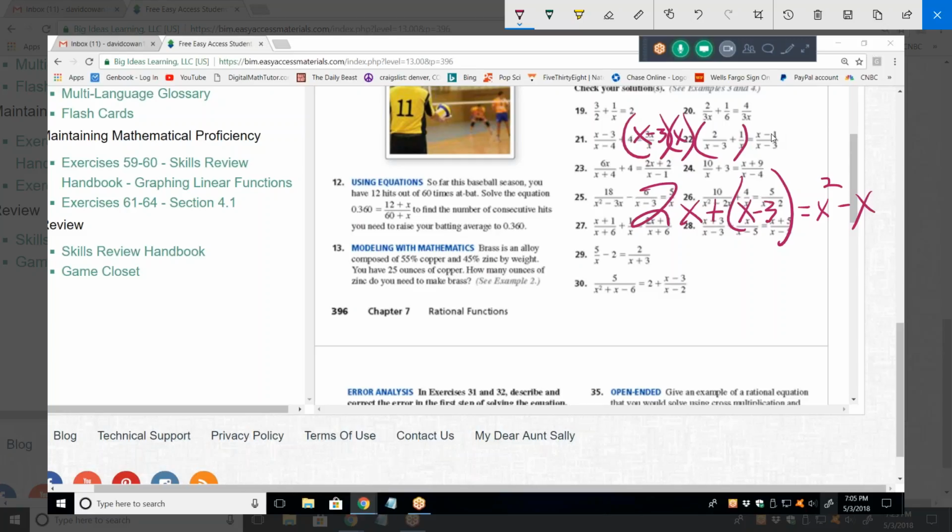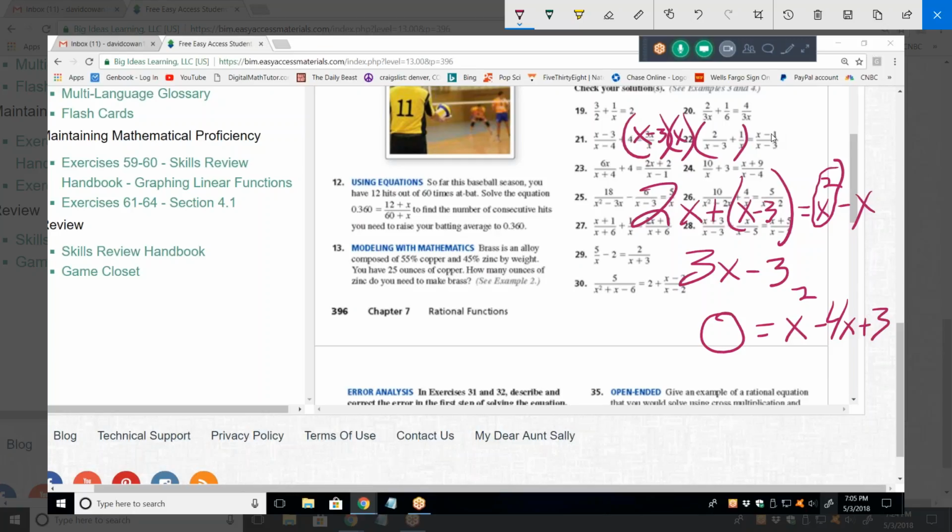Now, my coefficient's already positive over there, so I'm moving everything to the right side. The left side at this point is 3x minus 3. So I'm going to move all of those over, and I've got x squared minus 4x plus 3.